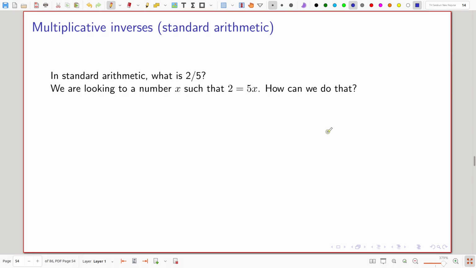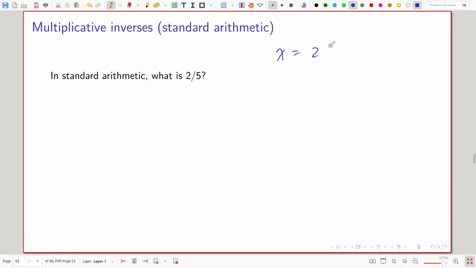Let's say x equals 2 over 5. Now if I multiply everything by 5, I get 5x equals 2. So finding 2 over 5 is like solving this equation. I want to find some number that after I multiply with 5, I get 2. So how can I do that?